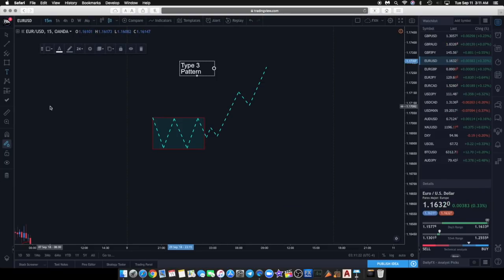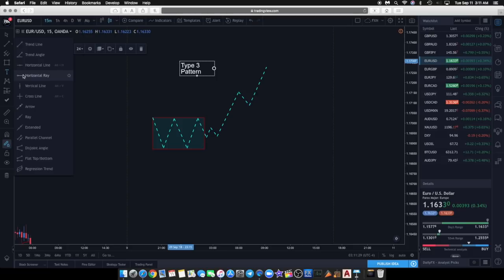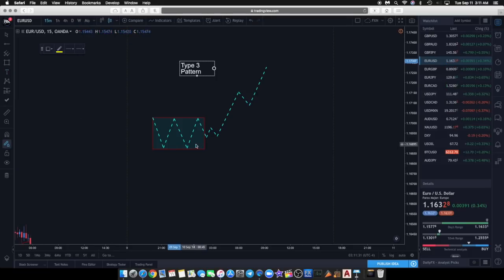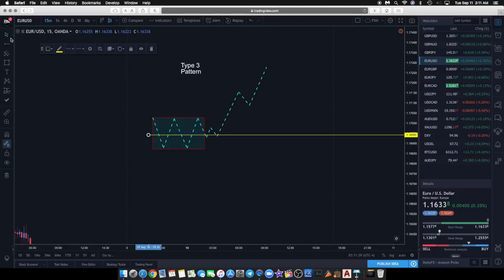So that is a type 3 pattern. Now, what makes this a different type of pattern is, as you can see, we are making a W formation in the middle of the Asian range. Okay? So we're making the W formation in the middle of the Asian range. That makes it a type 3 pattern.